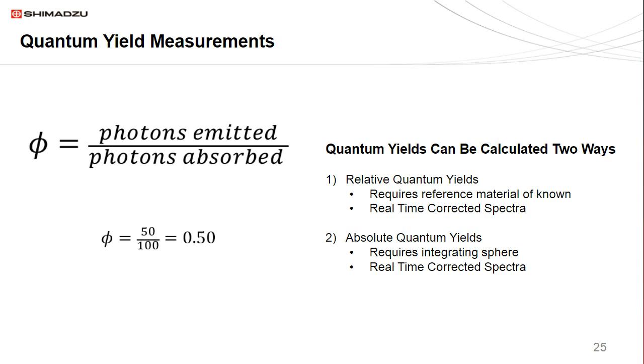So it's kind of a trade-off. You can generate quantum yields either way. In general, an absolute quantum yield is considered a more precise measurement than a relative quantum yield. The reason being that for relative quantum yields, your reference material must be in the same wavelength range as the material you're trying to calculate the quantum yield for.